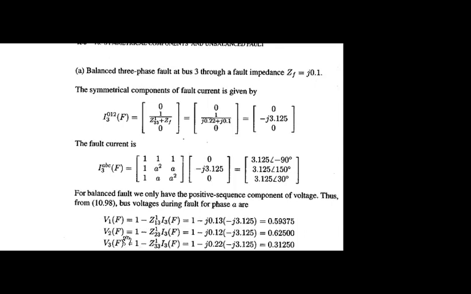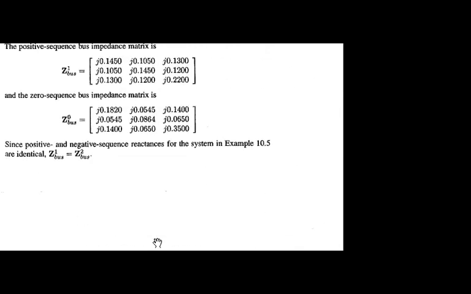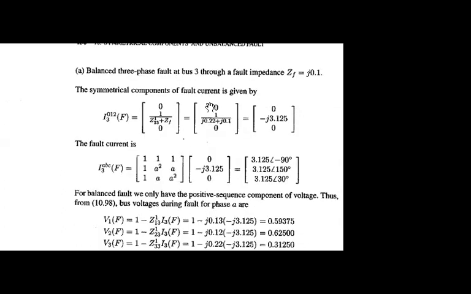Likewise, we can find the bus 2 voltage during fault based on Z231. Let's check Z23. This is Z1, and Z23 will be this one, right? So Z23 is 0.12. With Z23 and your I3F already there, you can use that.